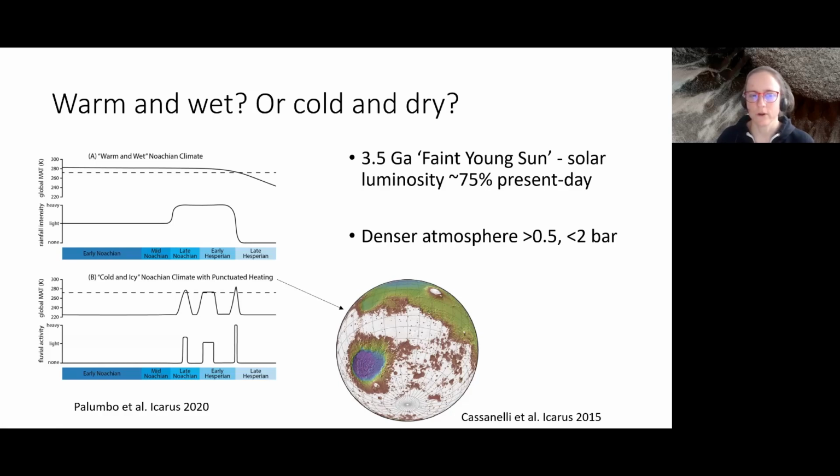And so what would be happening, instead of getting continuous rainfall and runoff and formation of these fans, lakes and deltas, you actually just get periodic heating caused by volcanic eruptions or elevated heat flux or impact events. And it's those punctual events that cause melting of this ice cap. So basically subglacial melting.